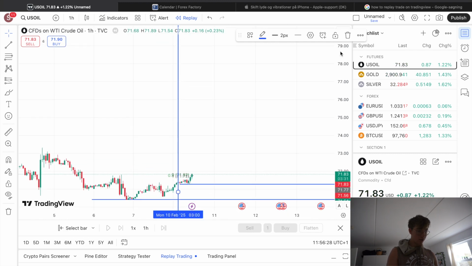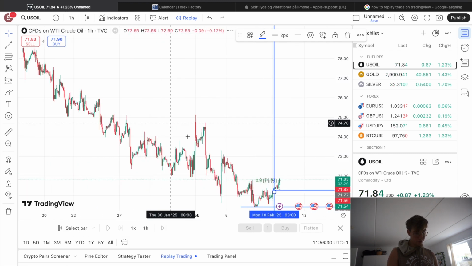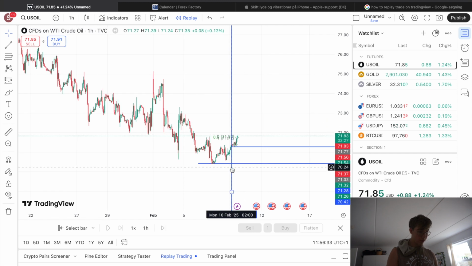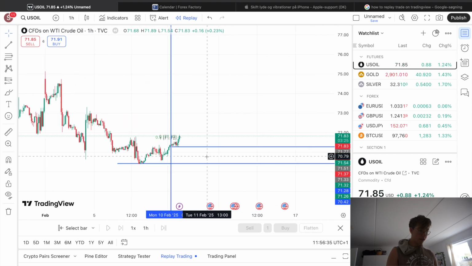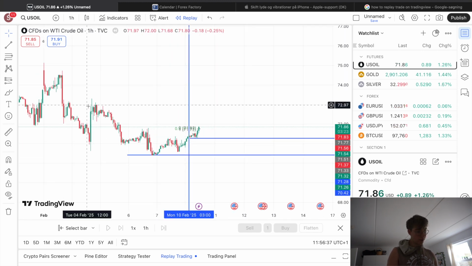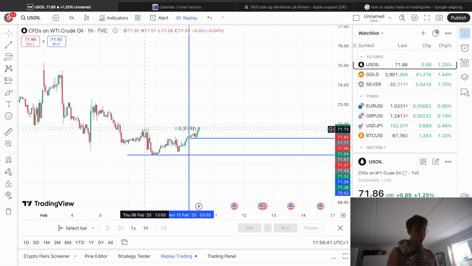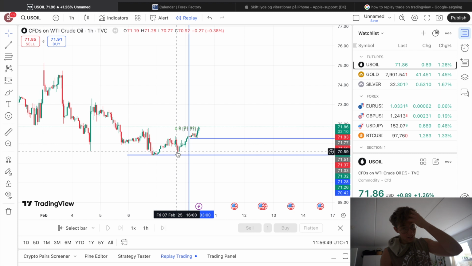My daily bias was we're going to continue this downward movement, but I forgot the fact that we were coming down, making equal lows, a lower high, lower low, but then a lower high and a higher low. And I didn't really see that.